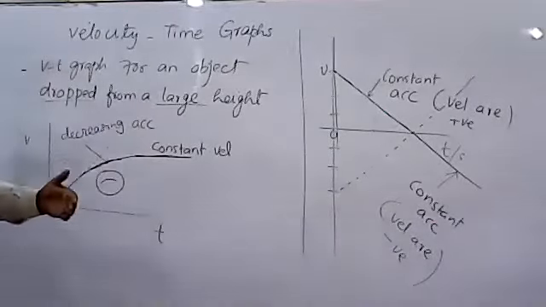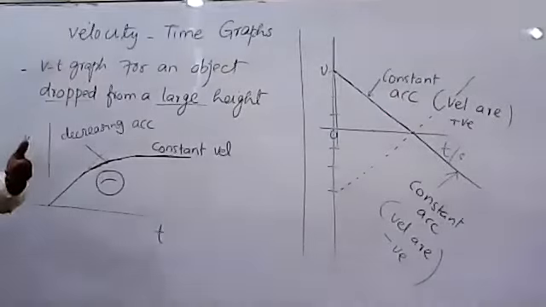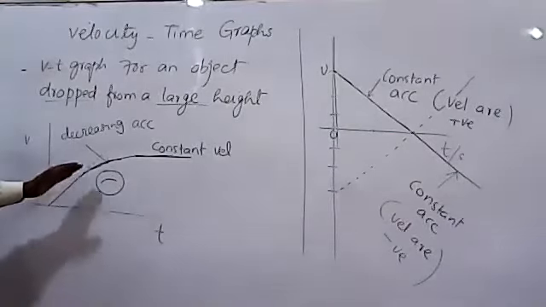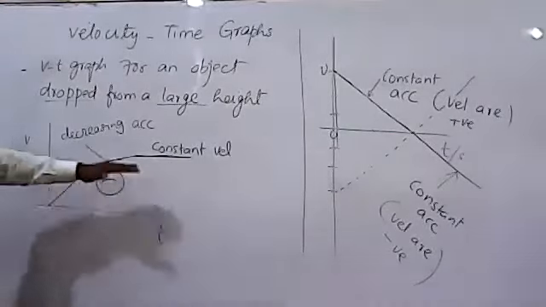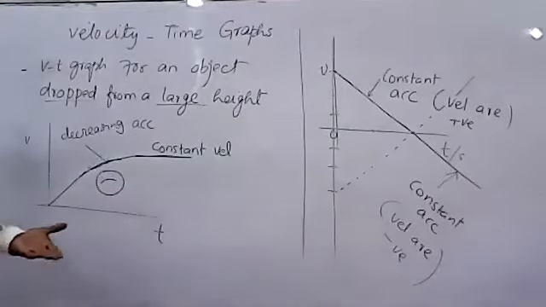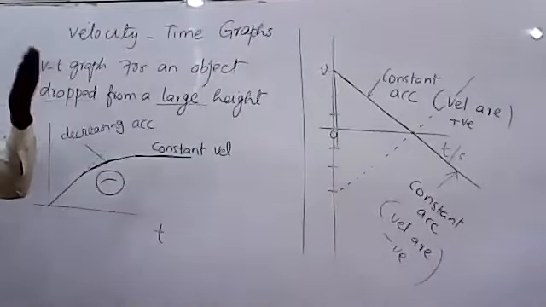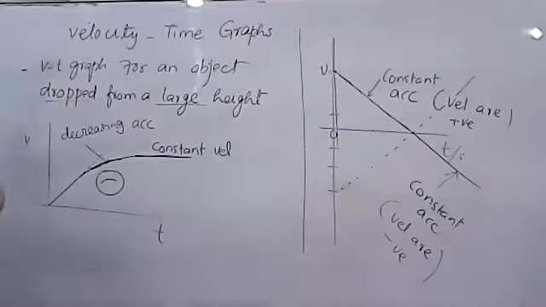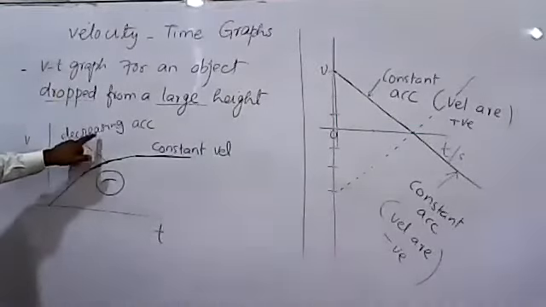So if initially the object was moving slowly, air drag was not that significant, but as the object acquires larger speed, air drag becomes more and more significant. So due to the more air drag, there will be larger opposing force in the upward direction. So acceleration will become smaller.